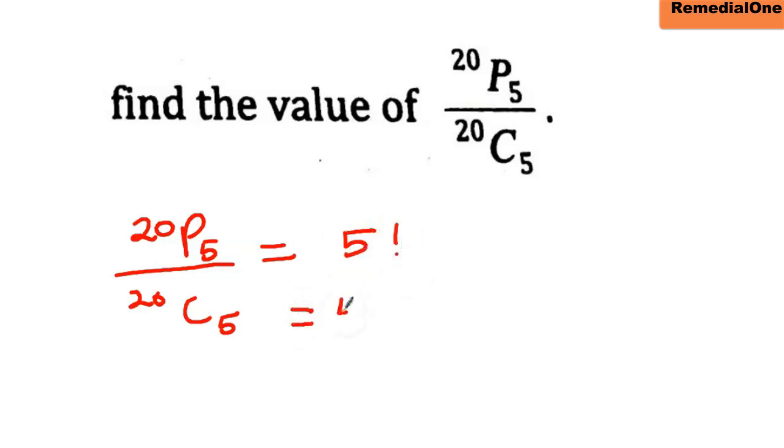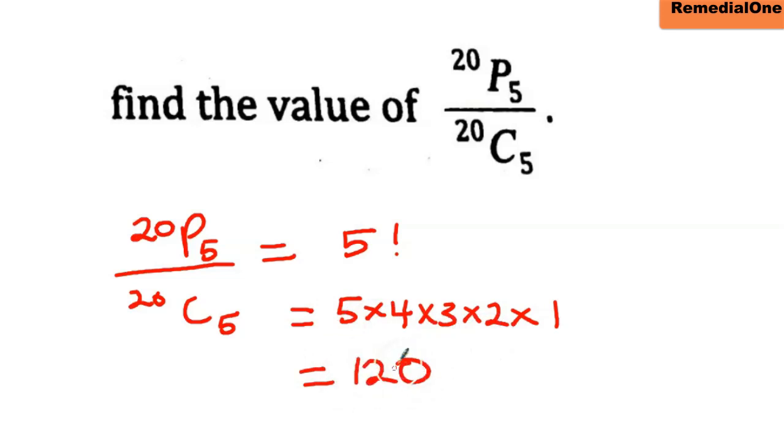And then 5 factorial is 5 times 4 times 3 times 2 times 1. So when you multiply, you get 120. Remember, you can also use the calculator to compute this straightforward. If you have the calculator, go to where you have factorial. When you compute it, you still get your answer to be 120.